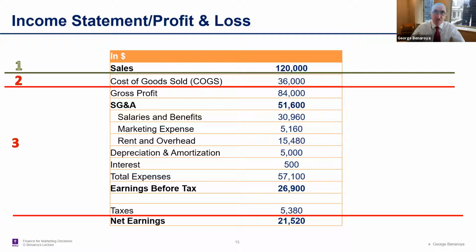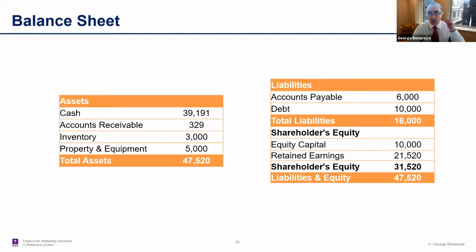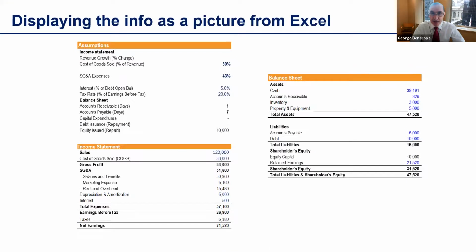And using the concept that we have learned before to separate the income statement into three main pieces: sales, cost of sales, and expenses. We also will have populated the balance sheet with the main ratios that we wanted to look at. And all this information is easily accessible on the Excel file.